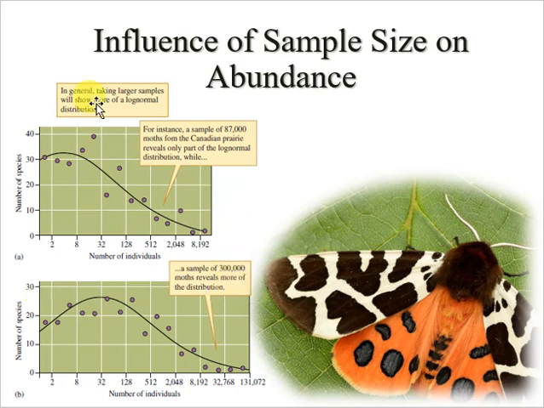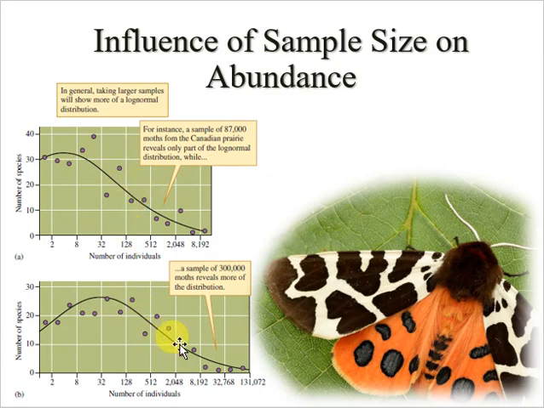So looking at these two plots here, these are looking at the distribution of different moths in two areas. This is looking at a sample of moths from Lethbridge, Alberta. This one is looking at a sample of moths from Saskatoon.